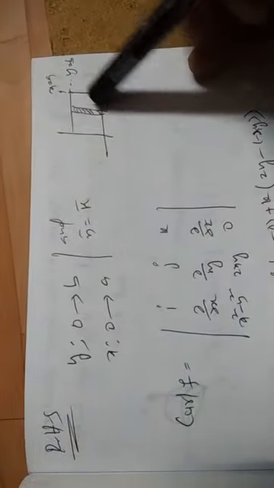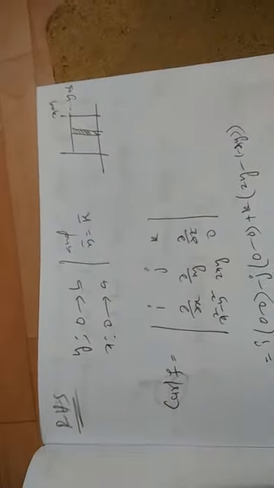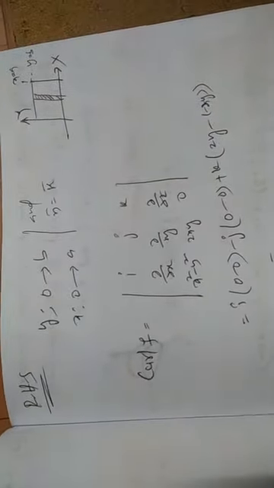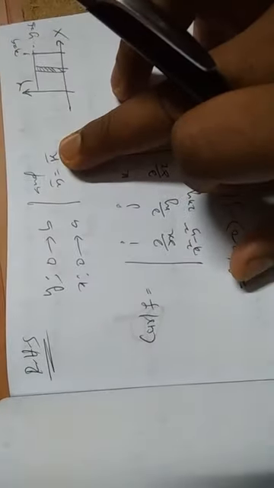Next we need to find n. Our given rectangular region is on the xy plane. Now the outward normal is along the z axis, that is k. So n is k.